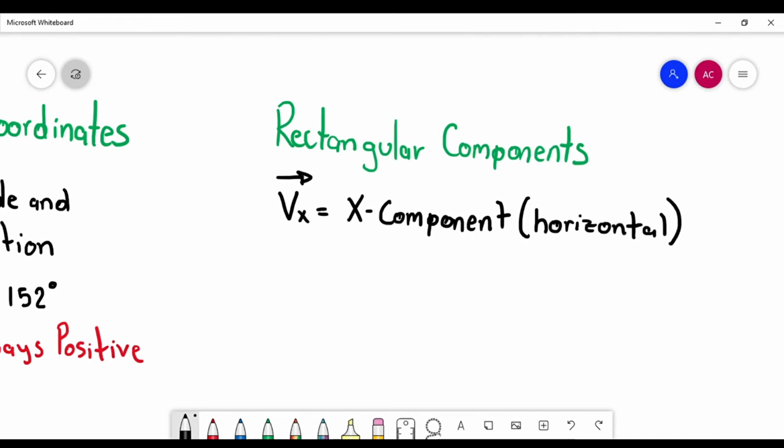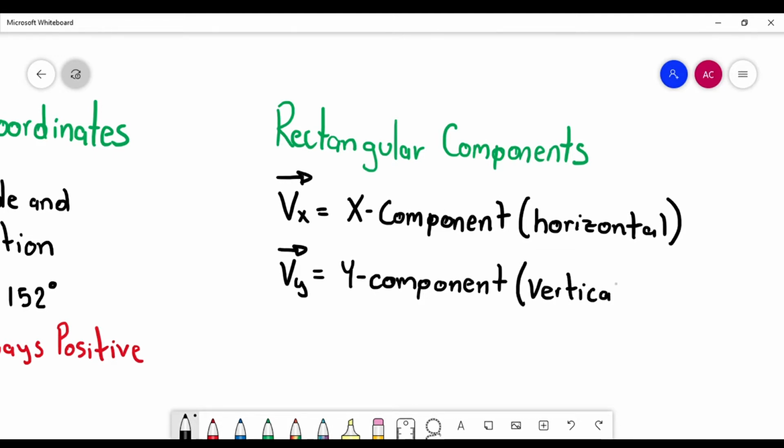Okay, and also we're gonna have By. This is the y component, and this is the vertical one, vertical.